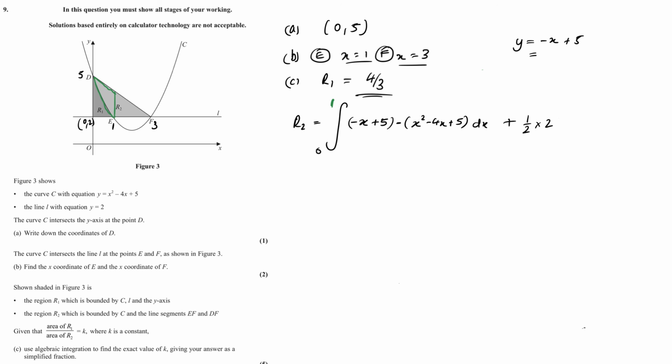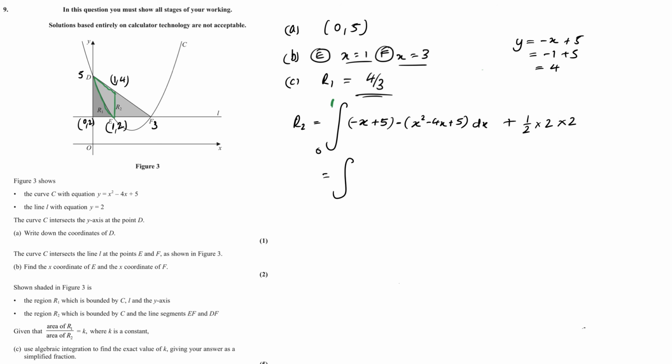When x was 1, it means that that height there is 4. Now this coordinate is 1, 4, but if you think this coordinate is 1, 2, so the height of that triangle is 2. So half times 2 is just 2. So there we are now.